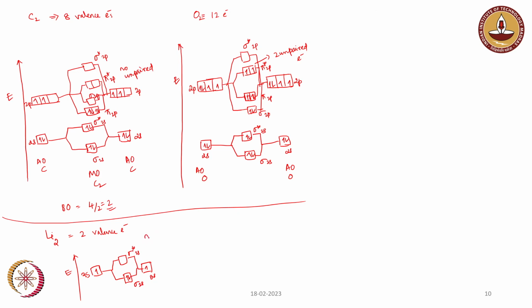So there is no unpaired electron. And next one was N2 plus.